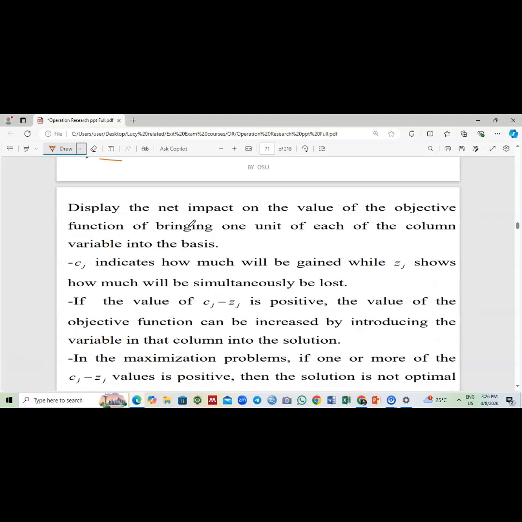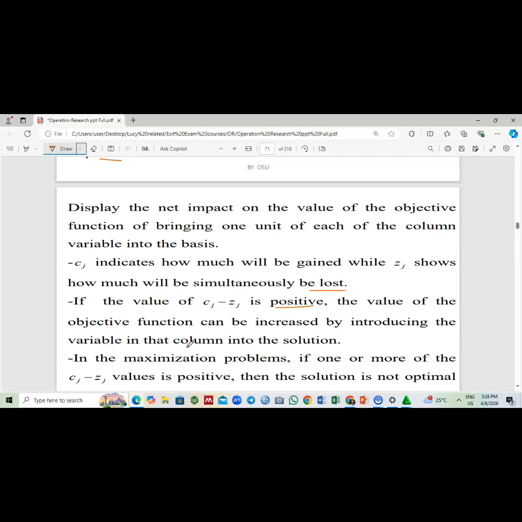So now this displays the net impact on the value of the objective function of bringing one unit of each of the column variables into the basis. And the Cj indicates how much will be gained while Zj shows how much will be simultaneously lost. And if the value of Cj minus Zj is positive, the value of the objective function can be increased by introducing the variable in.